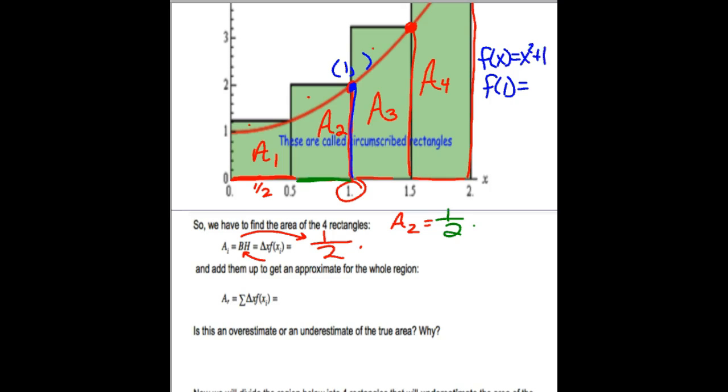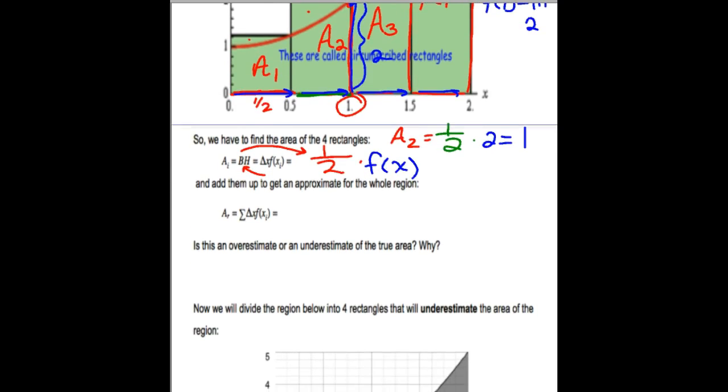So f of 1 would just be that point on the curve, which would be 1 squared plus 1, or 2. So the height of this rectangle right here is 2. And I'd say the area of that second rectangle is a half times 2. It's just area of rectangles, base times height. It's just that the height is going to be some spot on the curve, and the base is going to be this change in the x-axis.